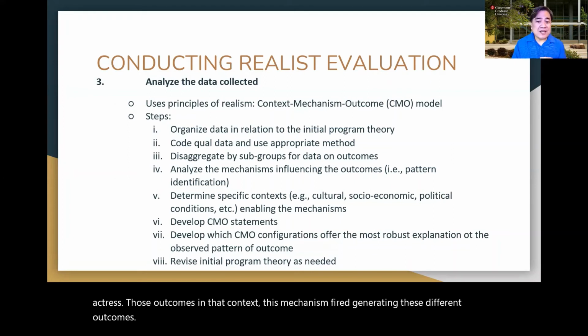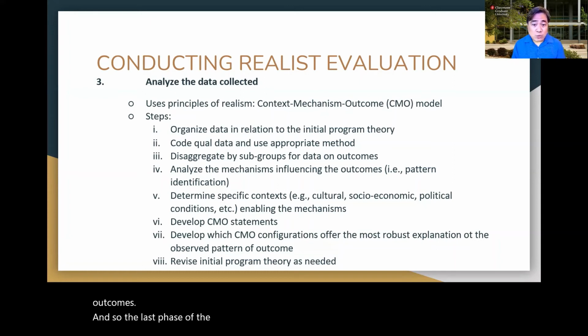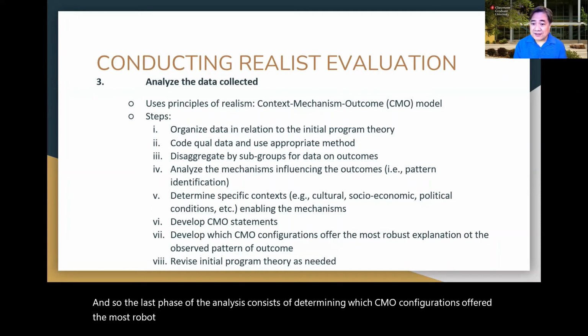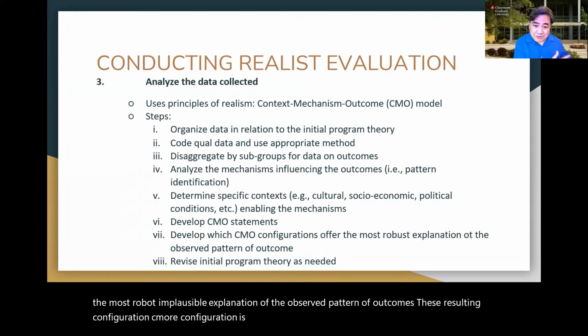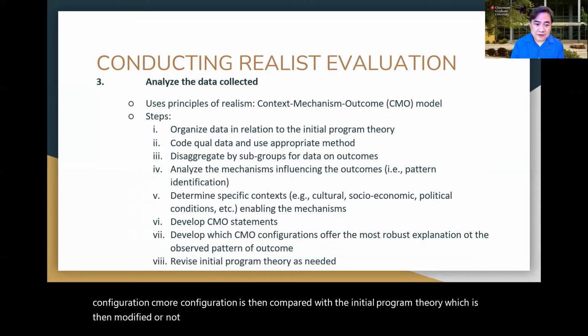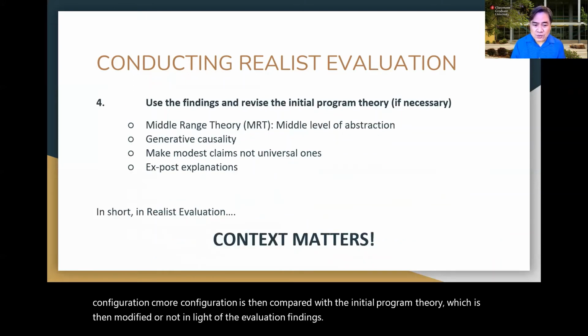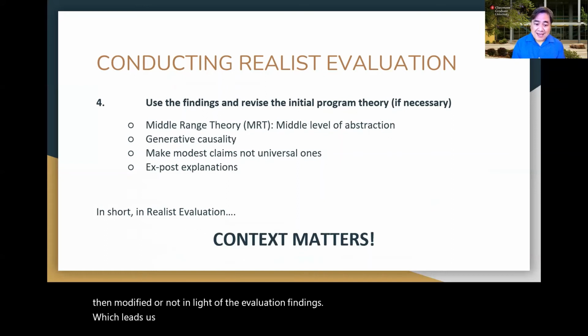And so the last phase of the analysis consists of determining which CMO configurations offer the most robust and plausible explanation of the observed pattern of outcomes. The resulting CMO configuration is then compared with the initial program theory, which is then modified or not in light of the evaluation findings. Which leads us to the fourth, or final, step: to use the findings and revise the initial program theory if necessary.